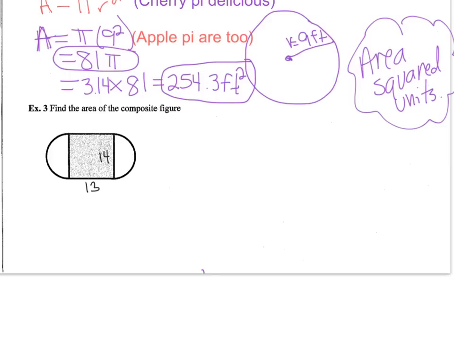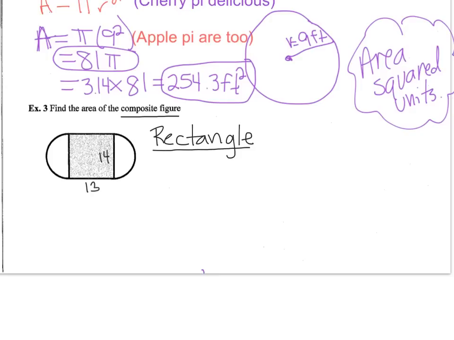All right, down below here we have what's called a composite figure. A composite figure is when we put normal shapes together to form something that looks a little bit crazy. We have this shape here, and when I look at it, I see a rectangle. It almost looks like a square, but looking at the dimensions, I see 13 and 14 are different.